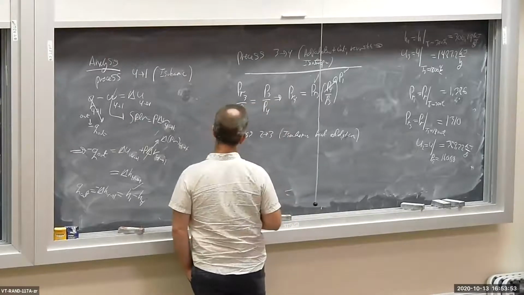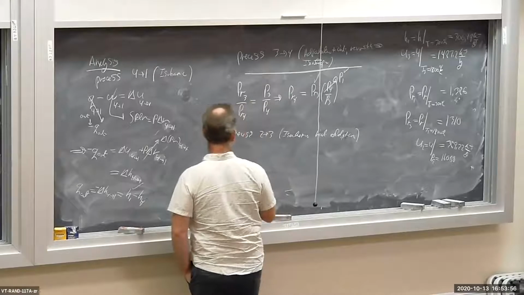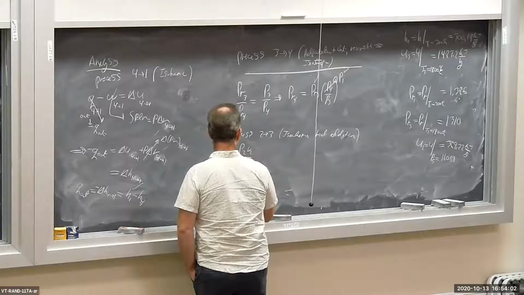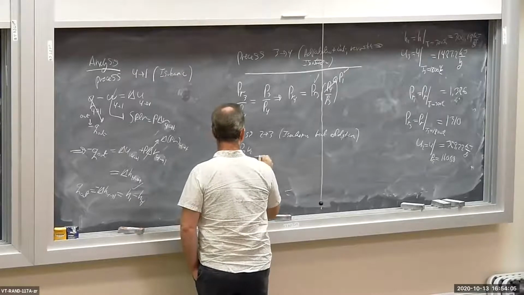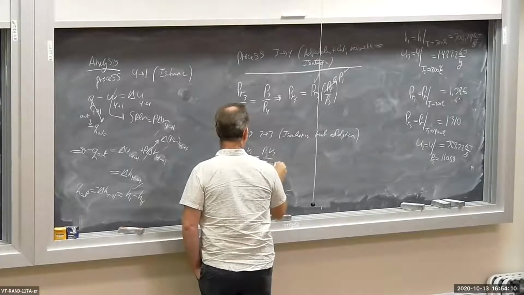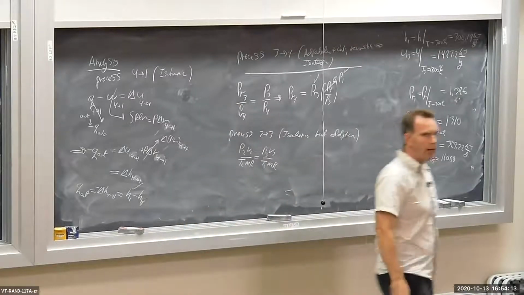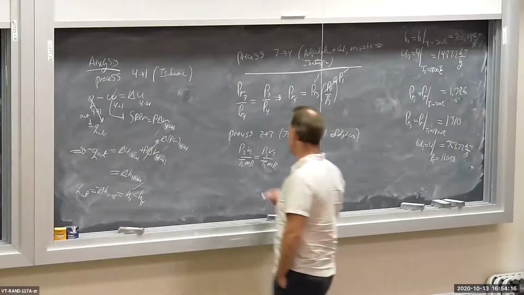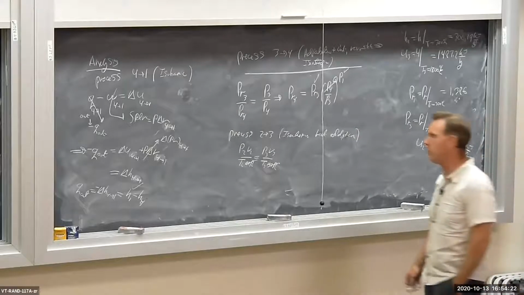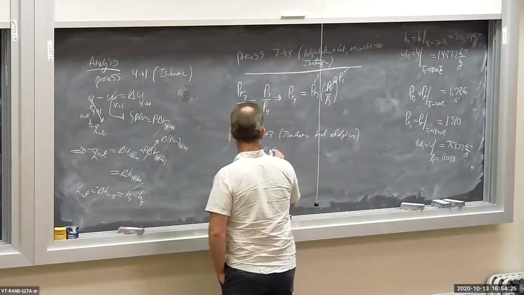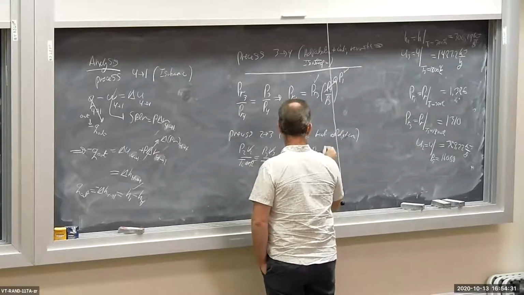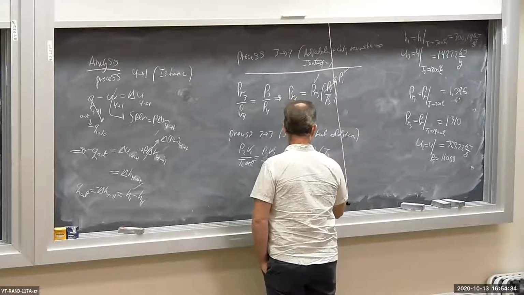Equating the ideal gas law at state 2 and state 3, I have P2 V2 over T2 mR equals P3 V3 over T3 mR, just applied at the end states. Of course, the mRs cancel out. Now, this is an isochoric process, so V2 is equal to V3. And so I get P3 is equal to P2 times T3 over T2.